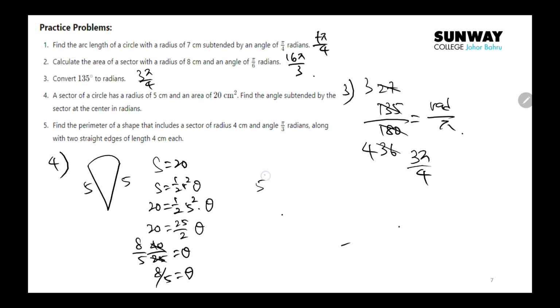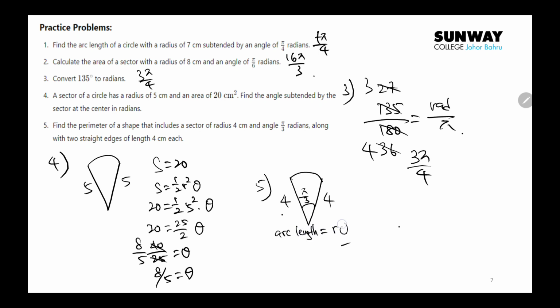The last question, you'd like to figure out the perimeter of a sector with radius 4, angle is pi over 3. So not only do you have to add the radius, you also should consider to include the arc length. So first of all, we need to figure out the arc length.